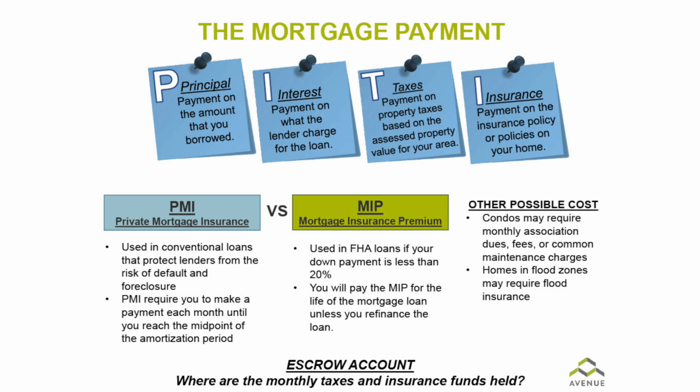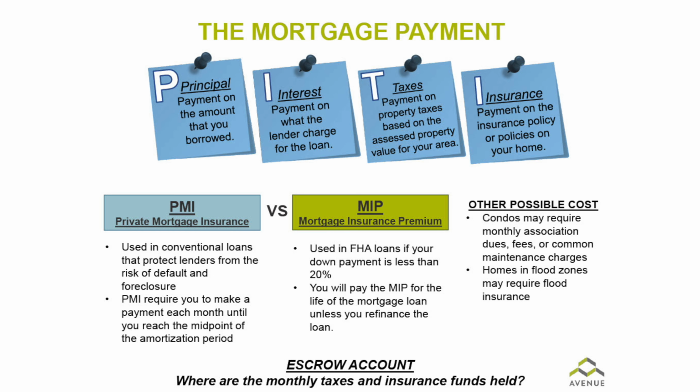which we kind of looked at briefly, but it was the principal, the payment on the amount that you borrowed. So the principal is just that: if you borrow $100, the principal is $100.